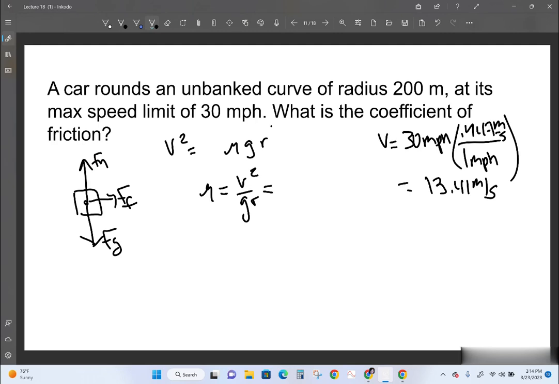So this is going to be 13.41 meters per second squared divided by 9.8 meters per second squared times 200 meters.